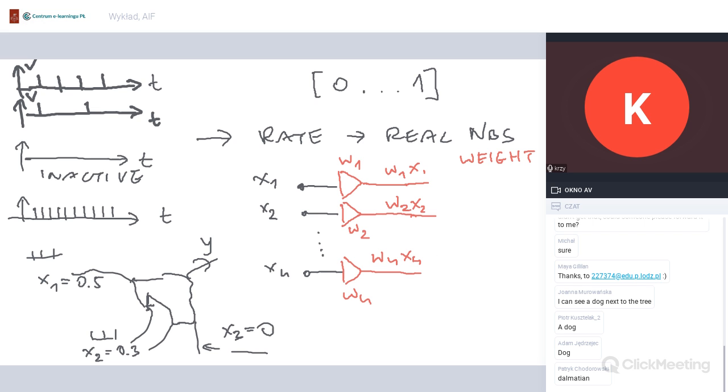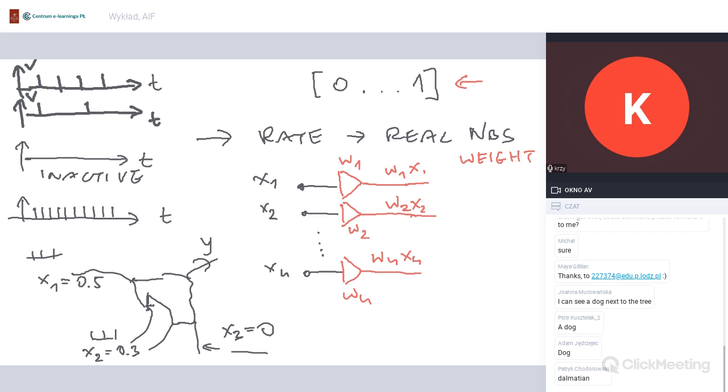So my model right now accounts for this initial phase of inserting information into a neuron. We have input data, and this input data corresponds to the activity of neurons that feed the unit I'm interested in with information. So these x1, x2 through xn are just real numbers from this limited interval.